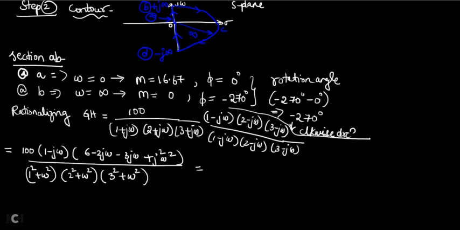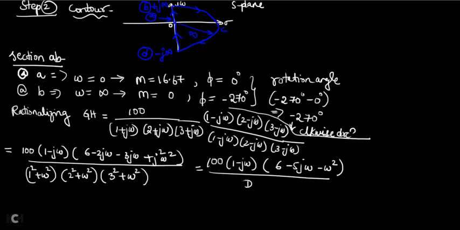Now if you simplify this further, 100 into 1 minus j omega. If you simplify the term, you will get 6 minus 2j omega minus 3j omega, which becomes minus 5j omega, and minus omega square, since j square is nothing but minus 1, divided by D. I am calling this entire denominator D, because I don't want to write such a big expression.